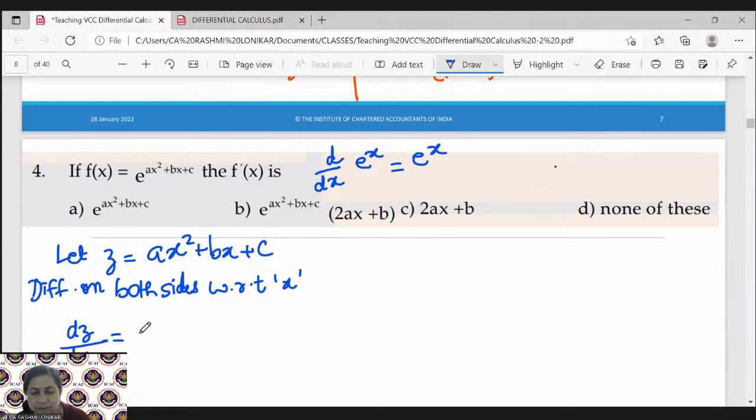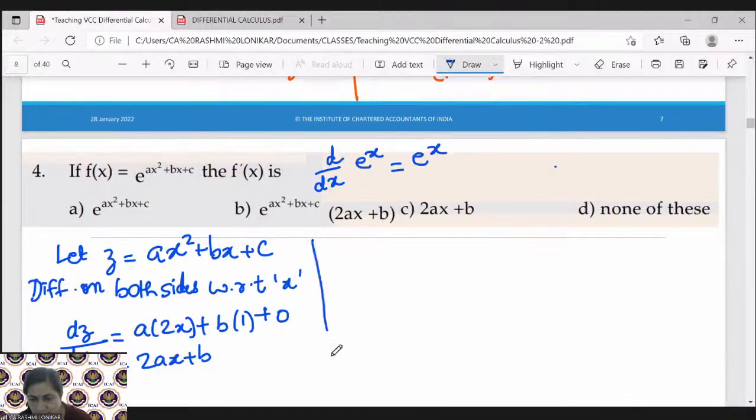Ax square, derivative will be a into 2x, plus b into derivative of x, which is 1. What will be the derivative of c? 0. Okay, so dz upon dx is 2ax plus b.